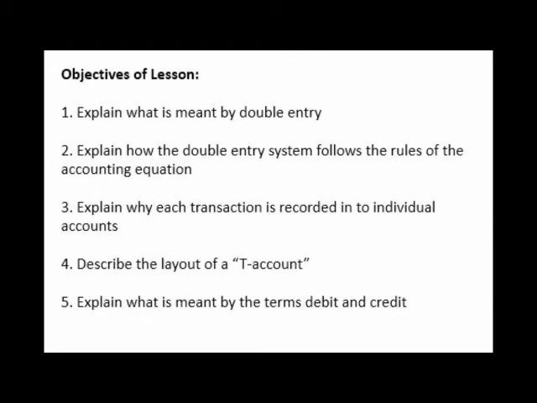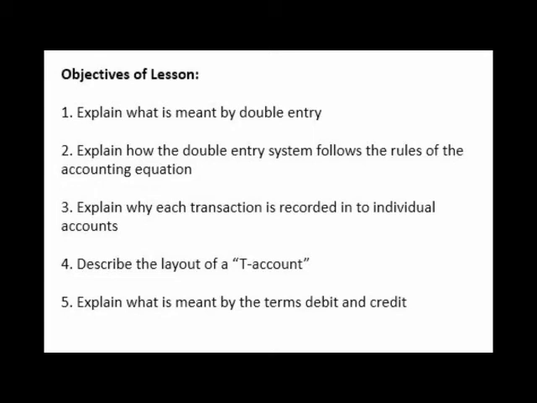Number 2, explain how the double entry system follows the rules of the accounting equation. Number 3, explain why each transaction is recorded into an individual account. Number 4, describe the layout of a T account. And number 5, explain what is meant by the terms debit and credit. So let's begin.